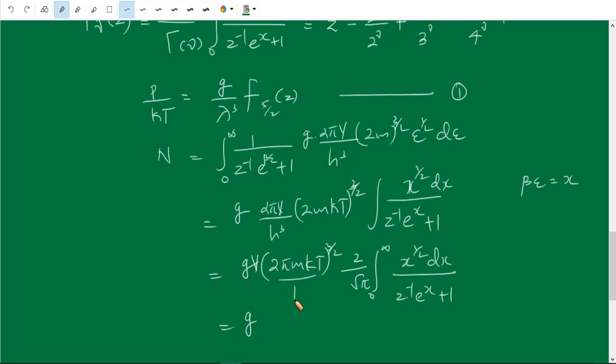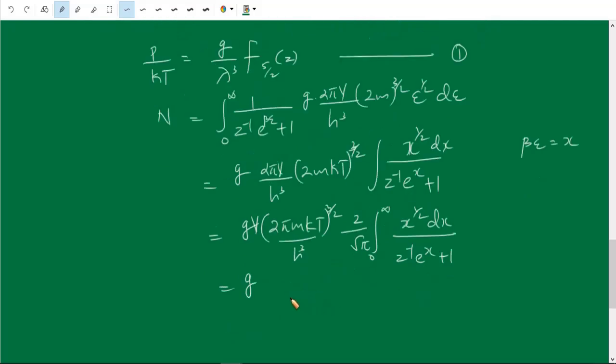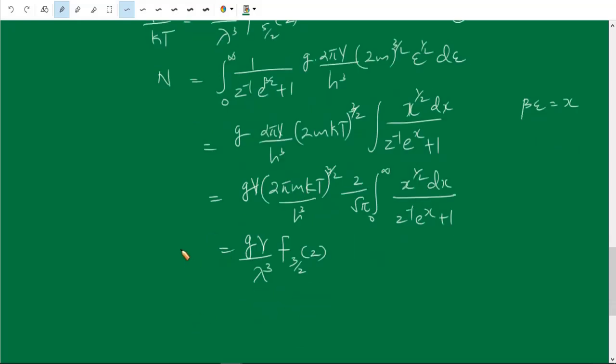Sorry, one h cube is missed. So g v divided by lambda cube, g v divided by lambda cube f 3/2 of z. So this expression is for N, the average number of particles.